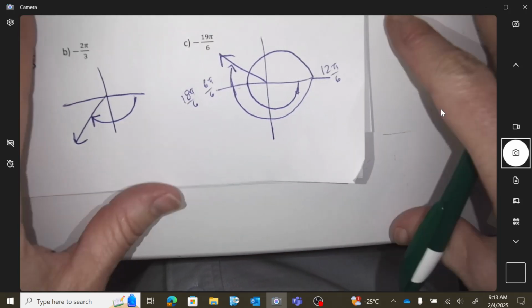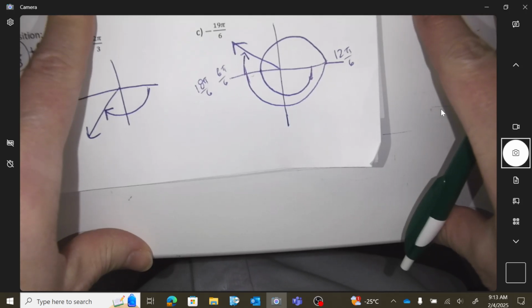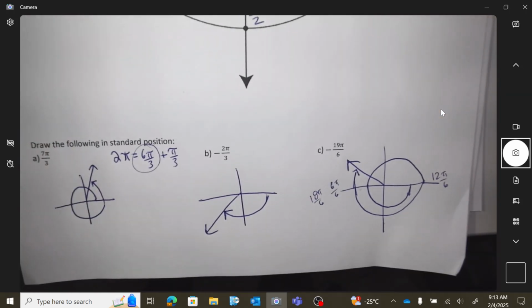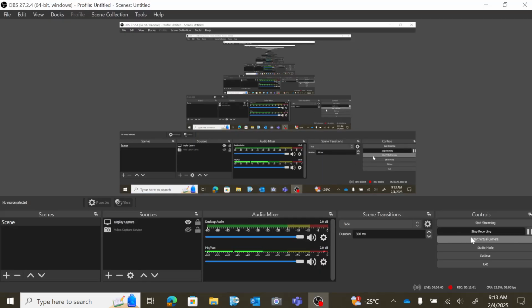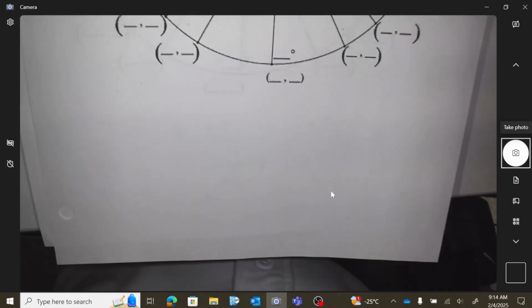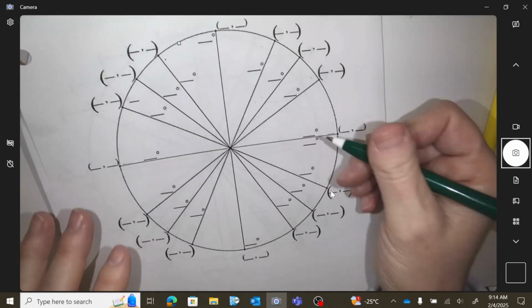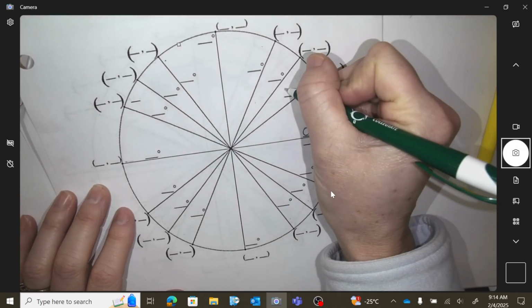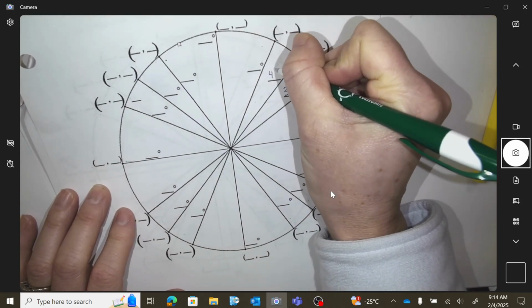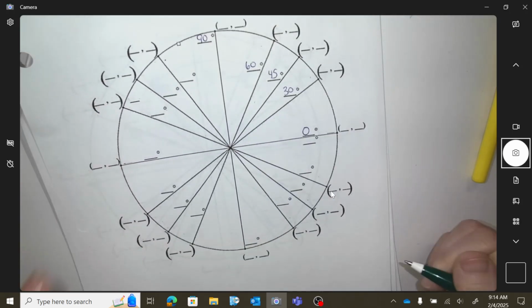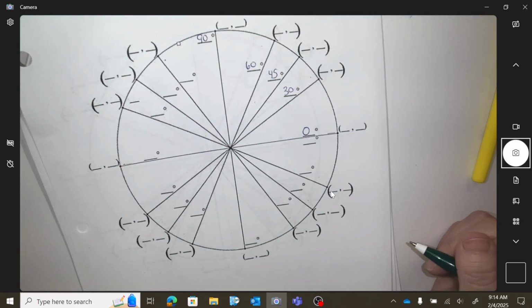Okay, can you grab a unit circle? Do you have a blank page from yesterday or something? Okay, so when you're doing this unit circle, you have to have everything on there memorized. So let's go degrees first. So 0, 30, 45, 60, 90. Okay, does everybody have a blank one somewhere?